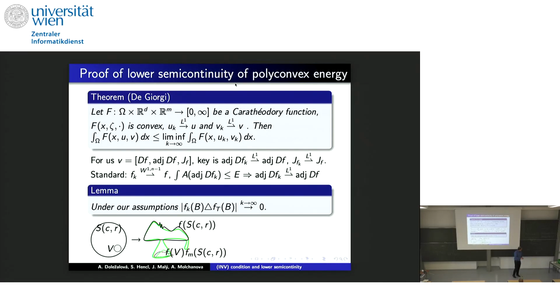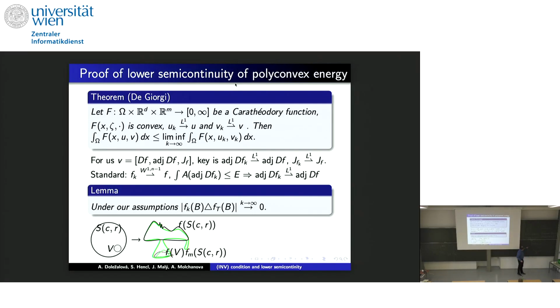And of course, your homeomorphism, which is close to the original mapping, is sending this sphere to something which is really close to the image of the sphere in most of the places, but in some places it can do something stupid. This is really what is happening in the counterexample.